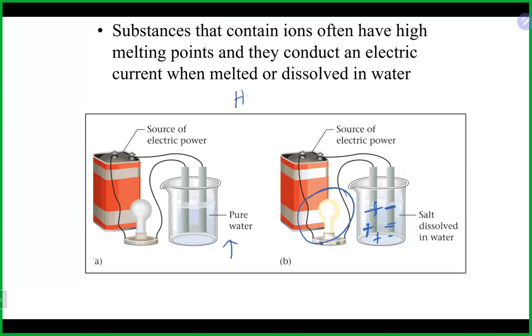Water is held together by what is known as covalent bonding. A unit of water does not break apart into ions. If you run an electrical current over it, you'll get hydrogen gas and oxygen gas and really not too many ions. And because there's no ions present, the light bulb does not turn on, does not conduct electricity.